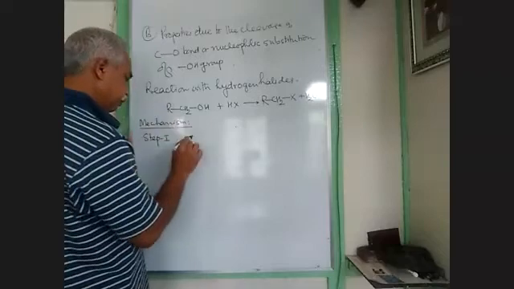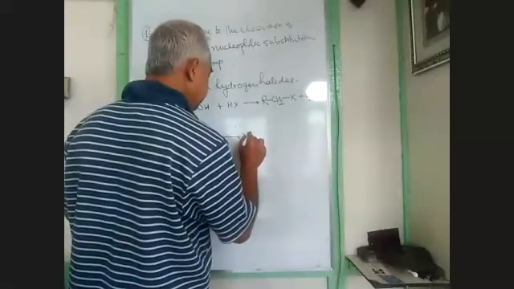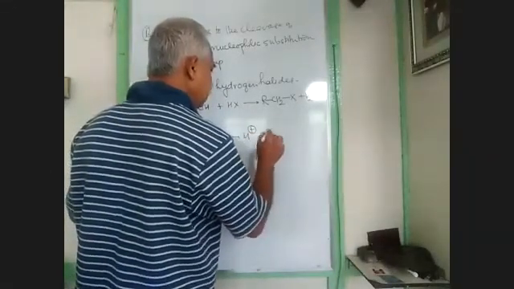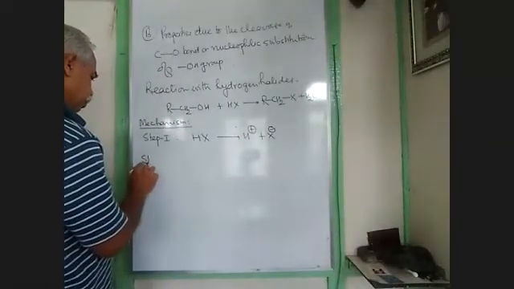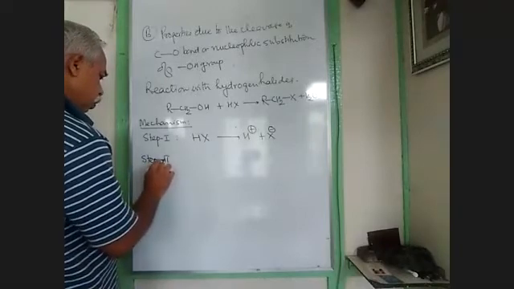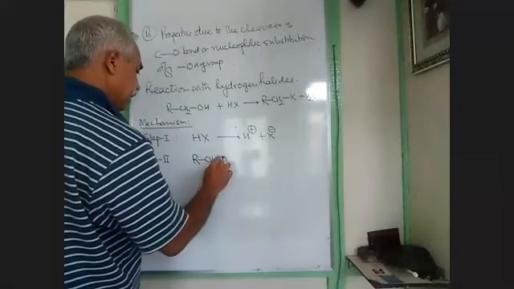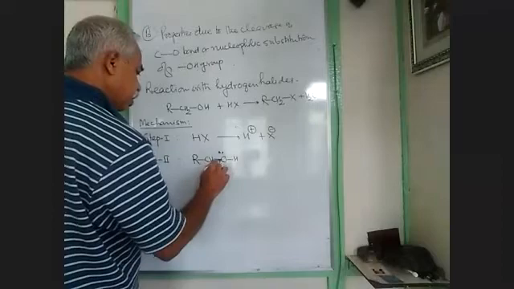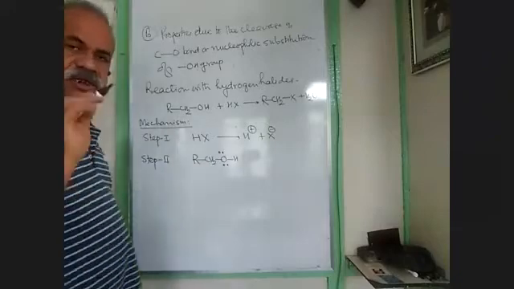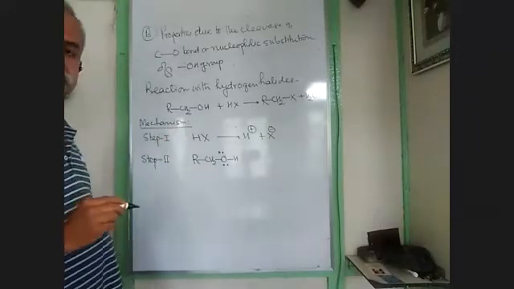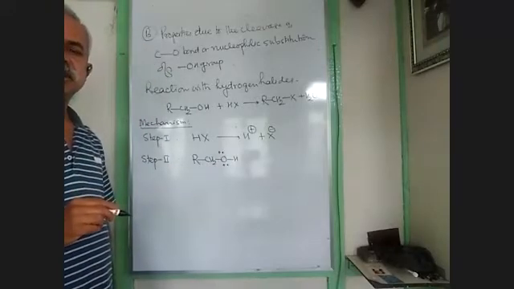Step 1. HX acids are all strong acids, so it will immediately undergo dissociation. Step 2. We know that any species having a lone pair can donate this pair of electrons to an electron-deficient species. So alcohol is a Lewis base, because it has an electron-donating lone pair associated with it.